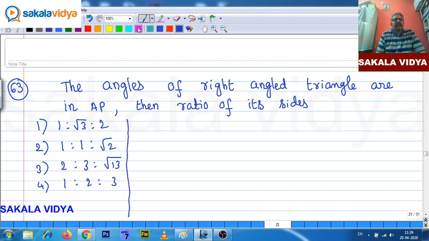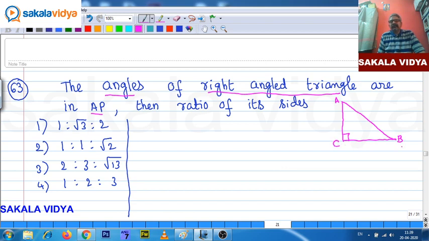So that means here the angles of a right angle triangle are in AP, ratio of its sides. For example, you take a right angle triangle, say this is A, this is B, say this is C. Why should we say B means I will explain.